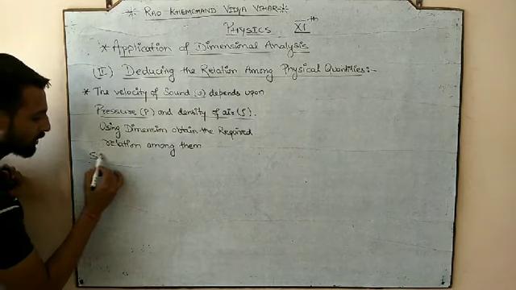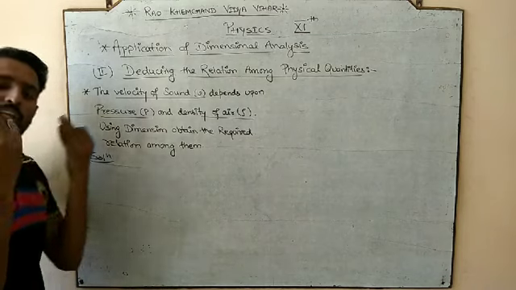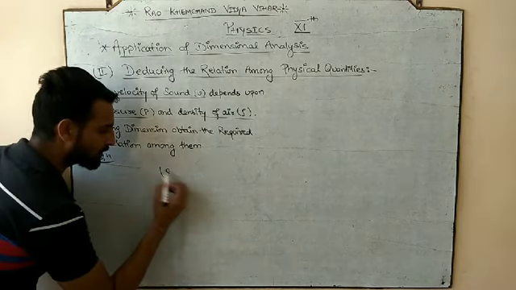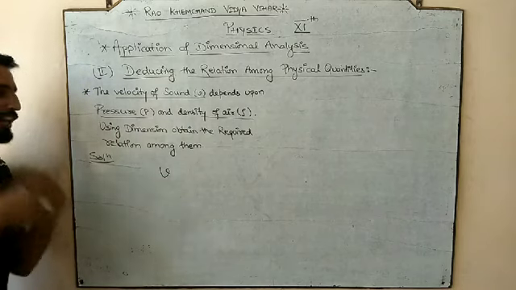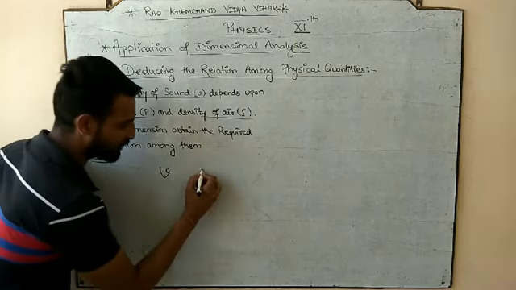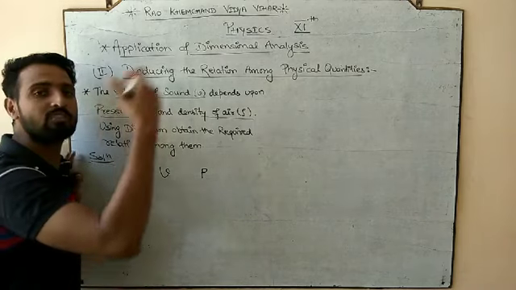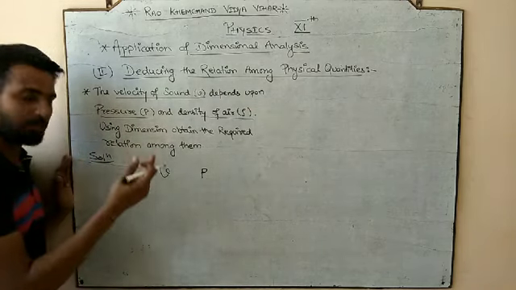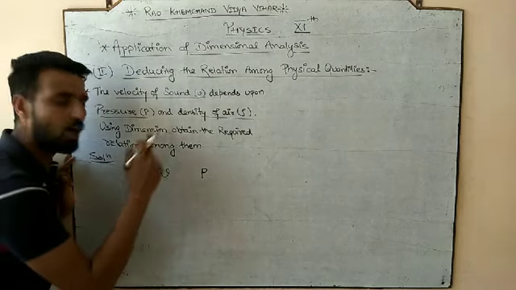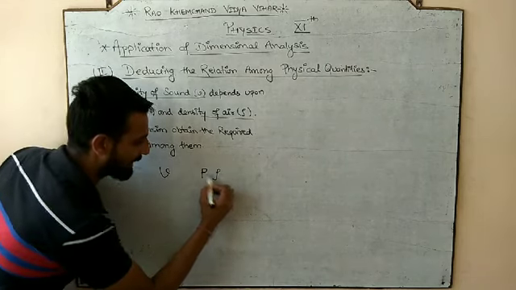Whichever quantity is depending should be on the left hand side. Velocity is depending on pressure and density, and the quantities on which it depends should all be on the right.